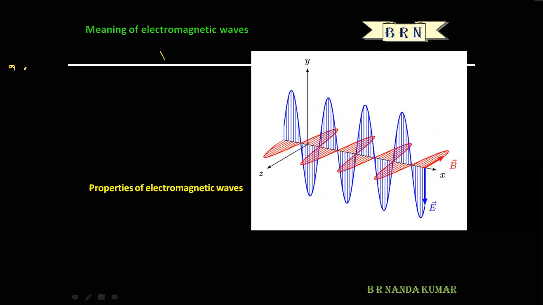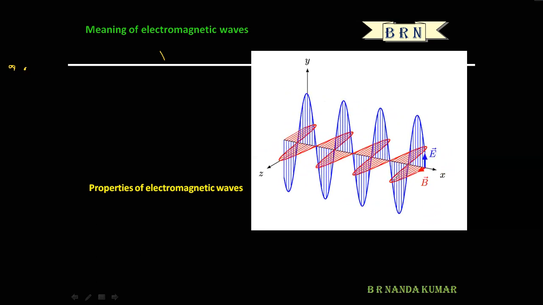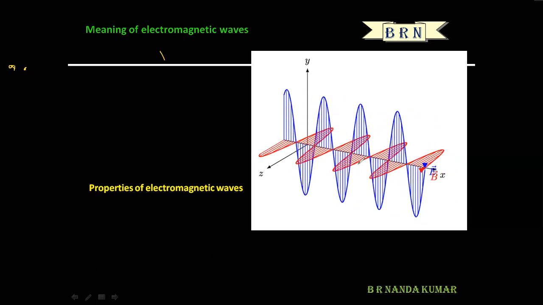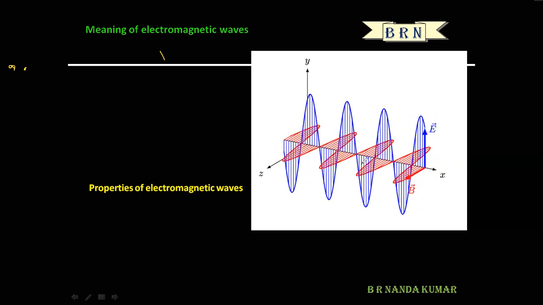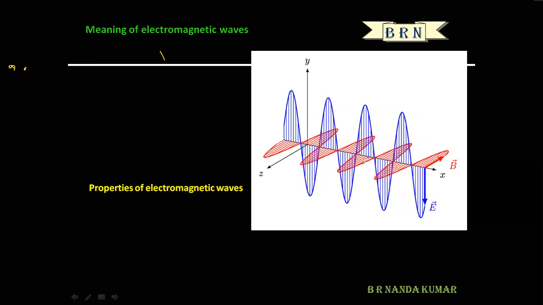The oscillations of the electric field and magnetic field are in phase, so there is no phase difference between them. What is the phase difference between the electric field and magnetic field?